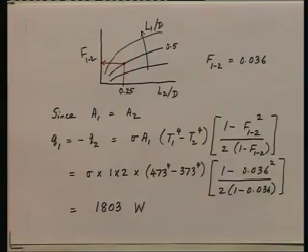So, the rate at which you supply heat at surface 1 will be 1803 watts. The rate at which you extract heat at surface 2 is 1803 watts, and that is what maintains the steady state in that enclosure.